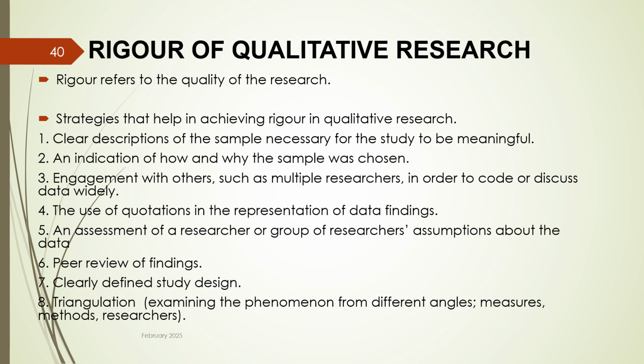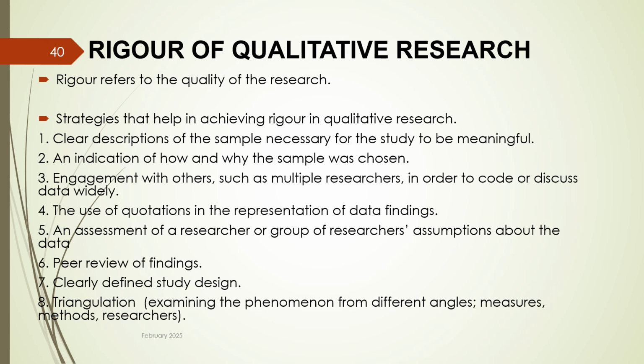And triangulation, what you need to know, is looking at the phenomenon or investigating the event from different angles, measures, methods, or researchers. So from the definition you can see that there are several types of triangulation. We have what we call data triangulation, by using different sources of data.